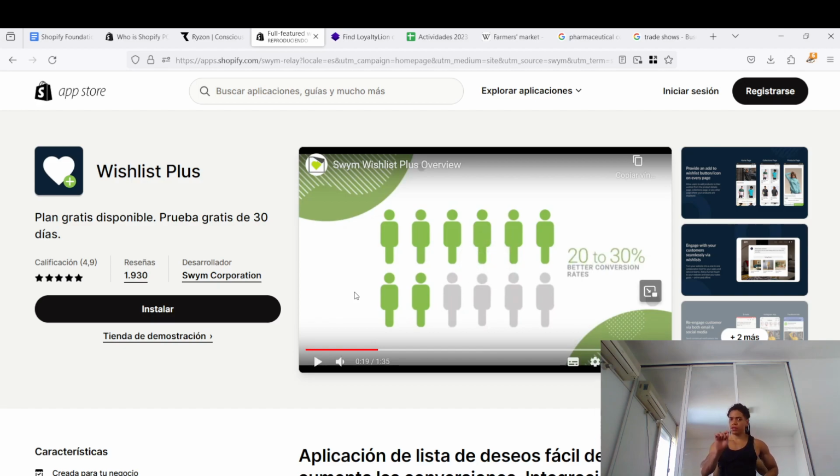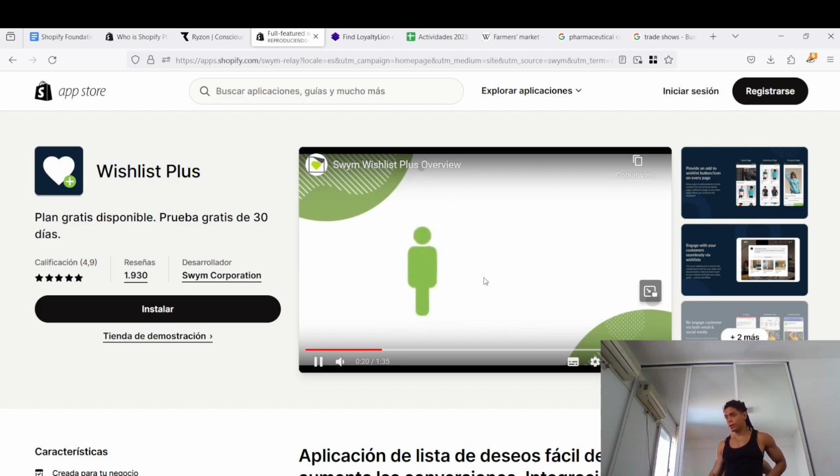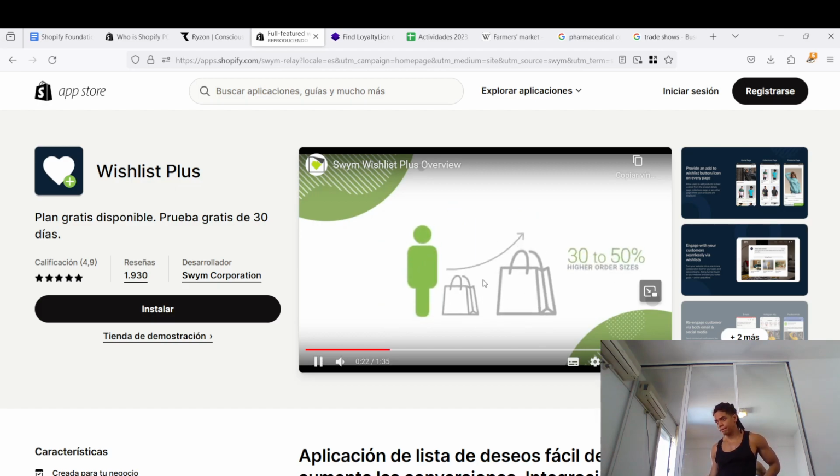And it's funny because the entire reason for a lot of these software companies is to increase customer retention and conversion rates, you know? So meaning that they end the customer checkout higher, and they spend 30 to 50% more per purchase.